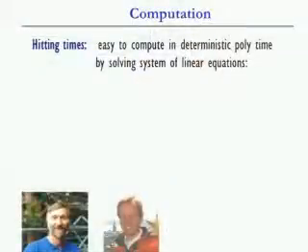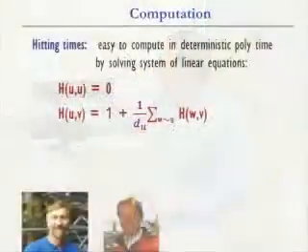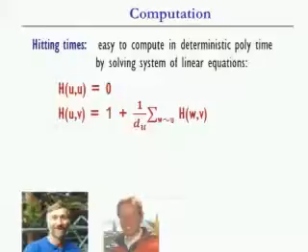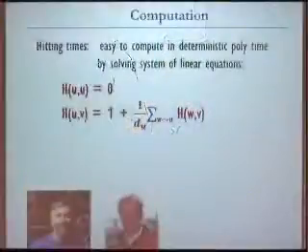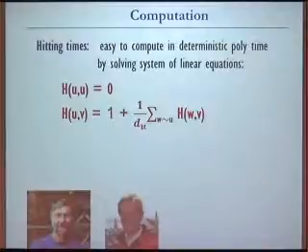So the question of computation of cover time, I think, was highlighted by Aldous and Fill in '94. If you look at hitting times, they are easy to compute explicitly, and this is because they satisfy linear equations. If I want the hitting time from U to V, well, there's a first step to go from U, and then I have to average over the neighbors of U the time to go from W to V. So I can write down these linear equations, and it's not hard to check.